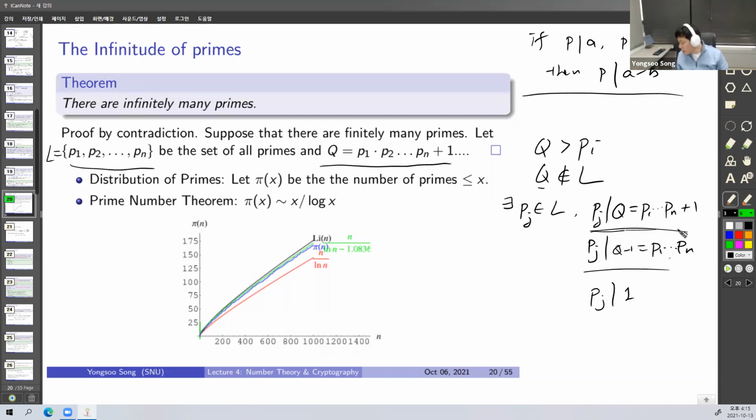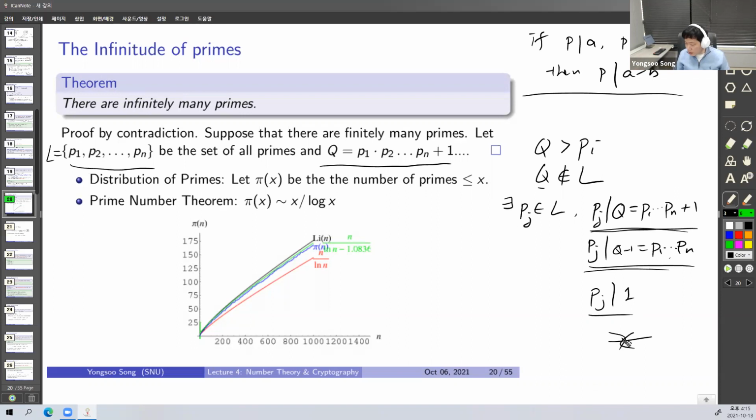So if q and q minus 1 are both multiples of pj, then 1 is a multiple of pj. That's a contradiction because 1 doesn't have any prime factor. So that's how we show the contradiction and conclude that there are infinitely many primes.